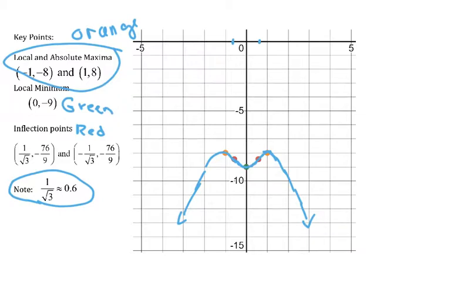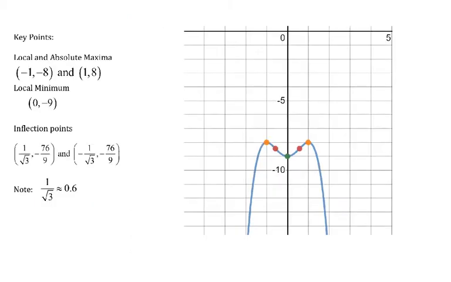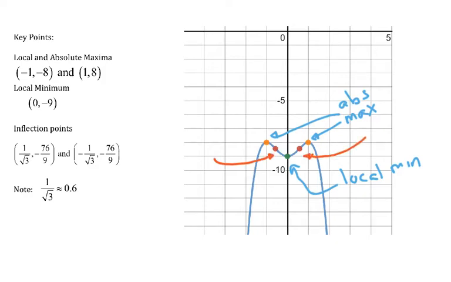And then, of course, Desmos does a much better picture for us. Here's my absolute max. Here's my local min. And in here are my inflection points.